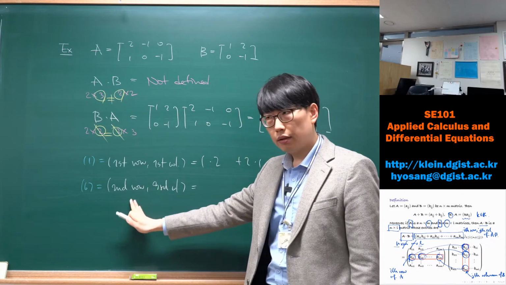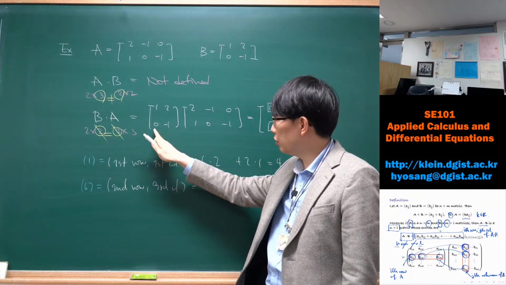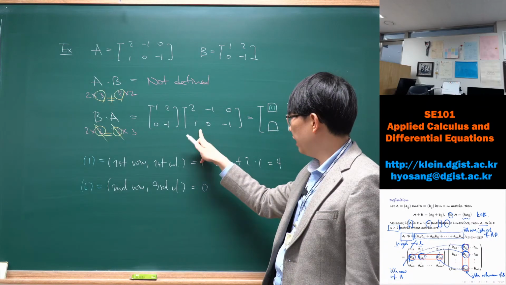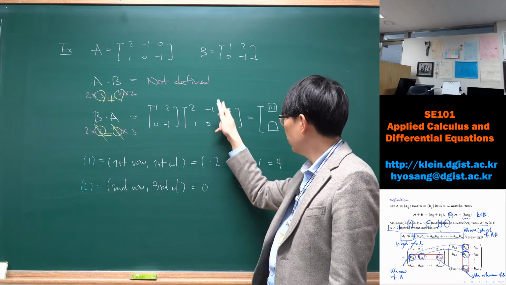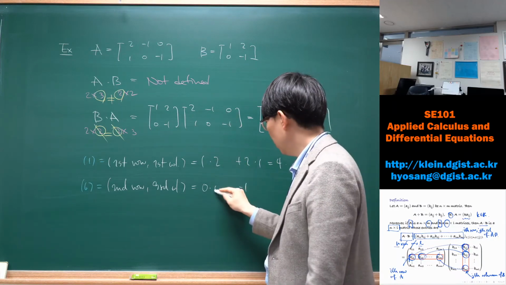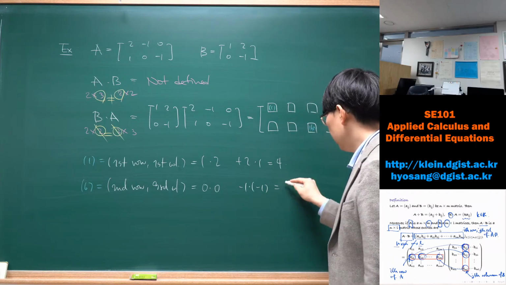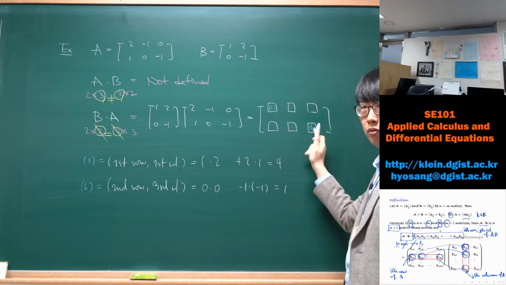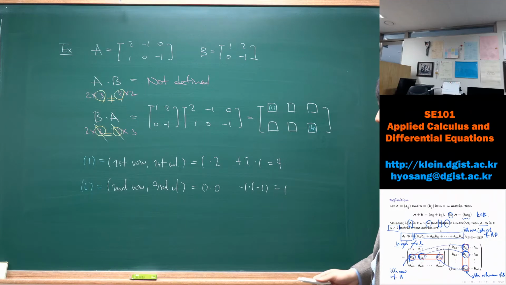So you take the second row of the first matrix in the multiplication, which is 0, minus 1, and then take the third column of the second matrix, which is 0, minus 1. So there's 1. Okay, so this is 1. So you can do the rest of the computation easily. So that's how we define matrix multiplication.